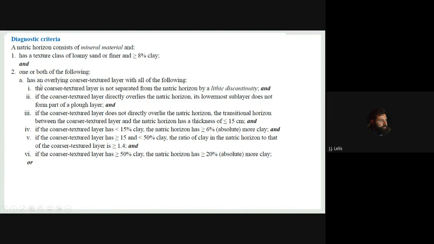And if I compare the overlying coarser texture layer with this nitric horizon, the coarser texture layer is not separated from the nitric horizon by a lithic discontinuity. If you remember what is a lithic discontinuity, it is that difference of color, texture, structure that's related to the influence of rivers or colluvium or alluvium materials or aeolian or glacial materials.